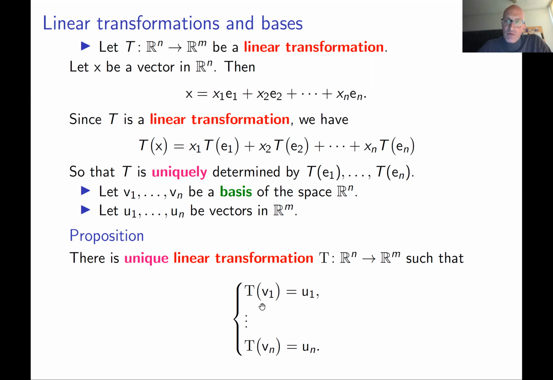So there are two assertions here: first, that such a linear transformation exists, and second, that it is unique. This is very handy. In particular, we can apply this proposition to the standard basis vectors of your n-dimensional space. Let us prove it slowly, but let us first prove uniqueness.